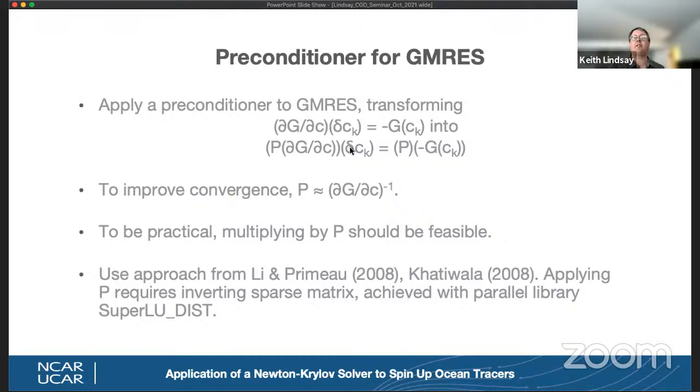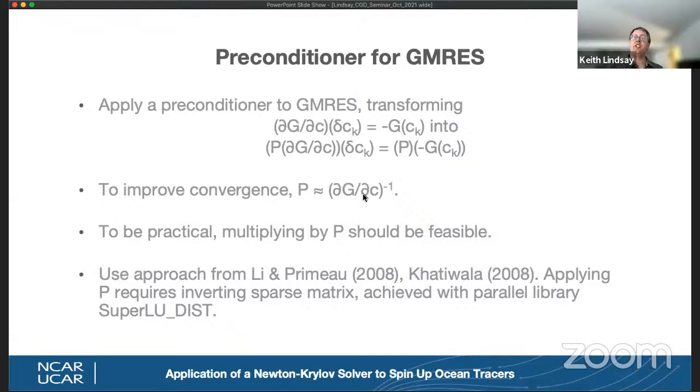So we take this system of equations that we're solving with the Krylov method, and we multiply both sides of the equation by a preconditioner matrix, P. And for P to improve convergence, you want it to be an approximation to the true inverse of this matrix. Again, this is not something we can compute, but we want this to be approximately true. But we also need to be able to multiply by P in an efficient manner.